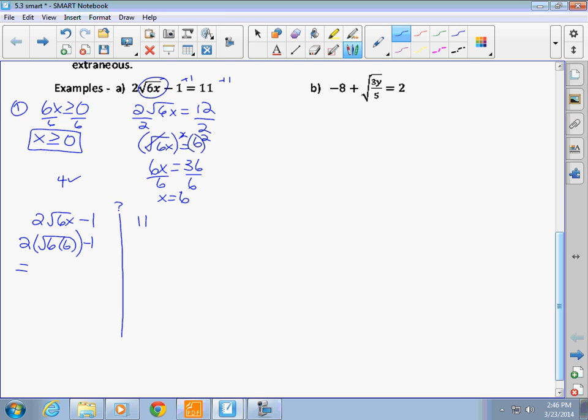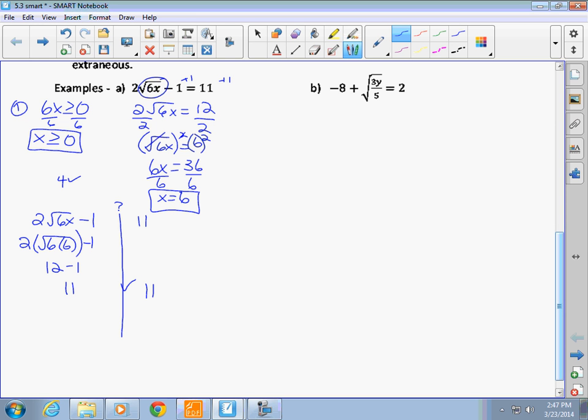So 6 times 6 is 36. Don't need an equal sign there because the equal sign is in between. Square root of that is 6. So I have 12 minus 1, which is equal to 11. So my left side equals my right side. So my solution for this then is x is equal to 6.